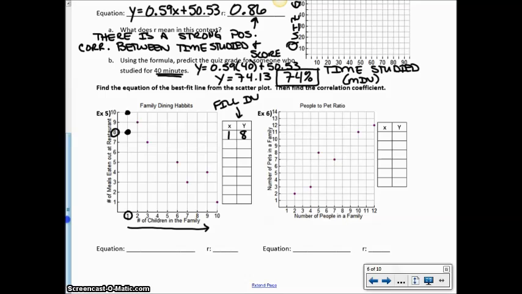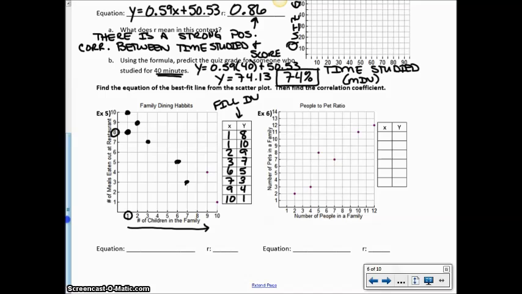So that one's going to be 1, 10, and then 2, 9, 3, 7, 6, 5. So take a minute and do this. 7, 3, 9, 4, and 10, 1. Okay, so make sure that you've gotten all of them.